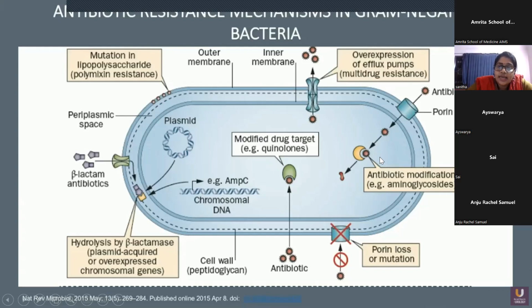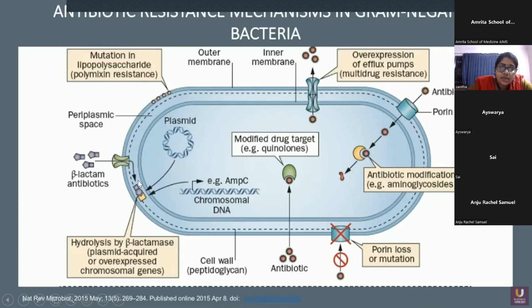For example, for aminoglycosides, there is expression of methyltransferases by gram-negative bacteria that induces antibiotic modification for aminoglycosides, which makes them inactive. Then the DNA gyrase enzyme, its structure can get altered, so quinolones are no longer effective.